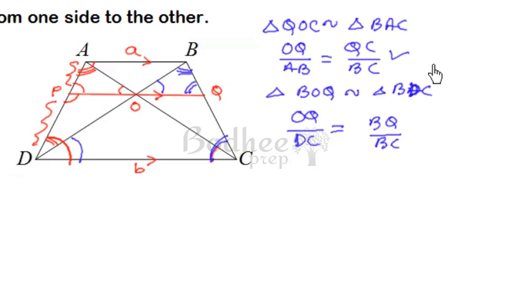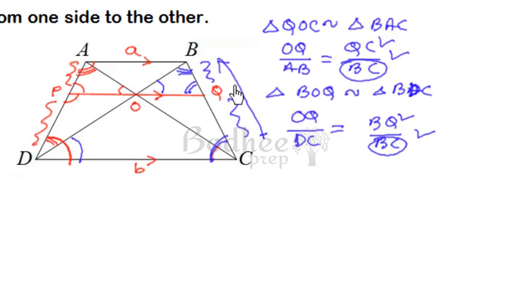Now again look at this equation and this equation. Here BC is common, and QC plus BQ will make BC. So if I add these two and substitute the values, OQ upon A plus OQ upon B should be equal to 1.